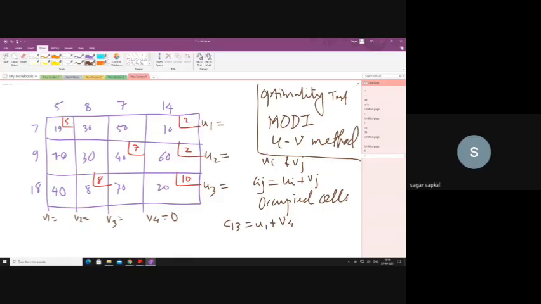For occupied cell C14, the cost is 10, which is equal to U1, and for the fourth column the corresponding V value is V4. So you can write 10 is equal to U1 plus 0. Therefore, U1 is equal to 10. So you can write 10 here.